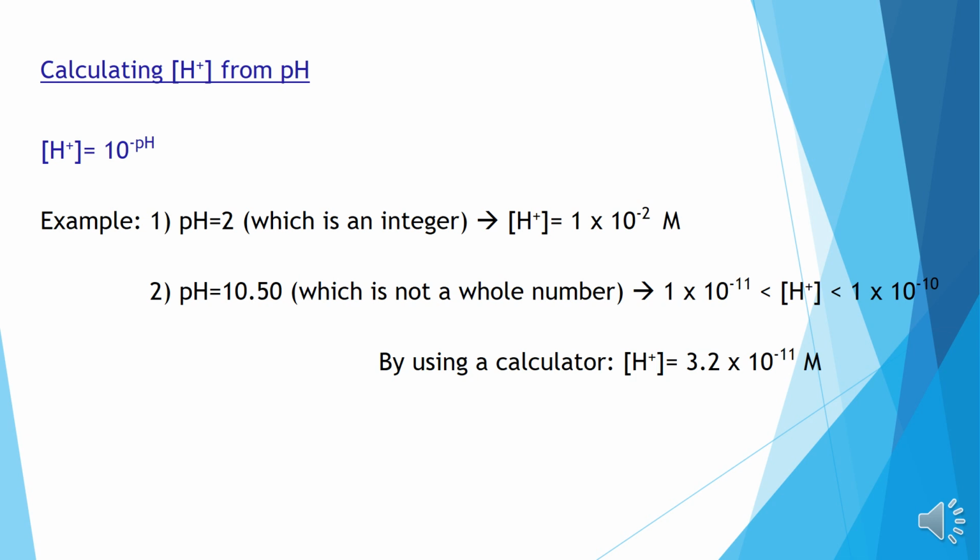It will be greater than 1 times 10 to the power minus 11 and less than 1 times 10 to the power minus 10. Here you can estimate the value, but if you use a calculator, you can get exactly the concentration of the H plus, which is 3.2 times 10 to the power minus 11.